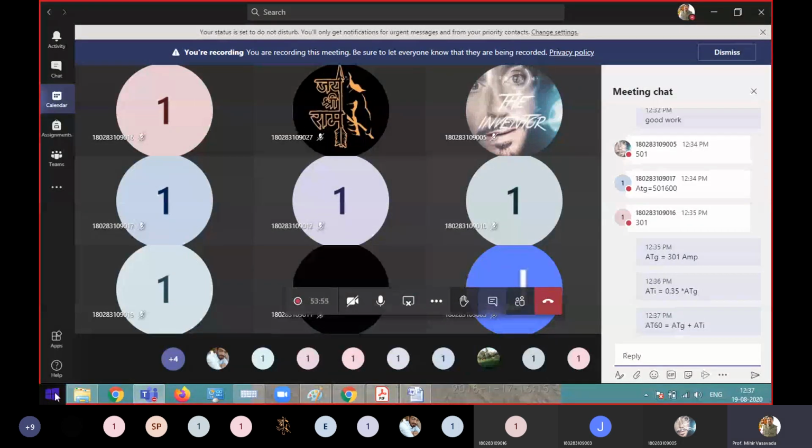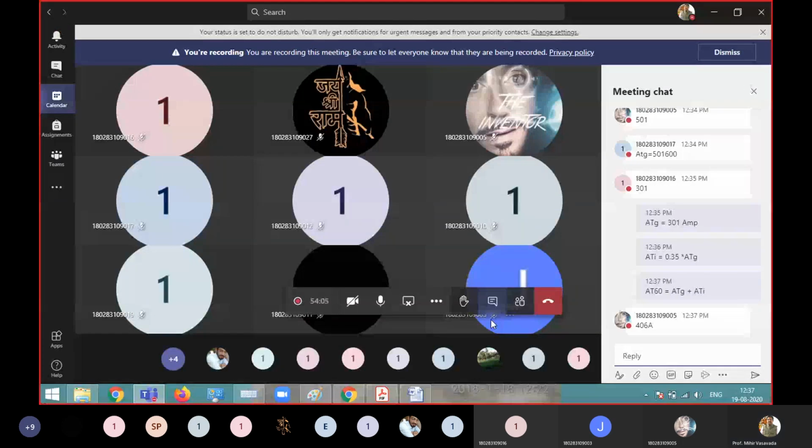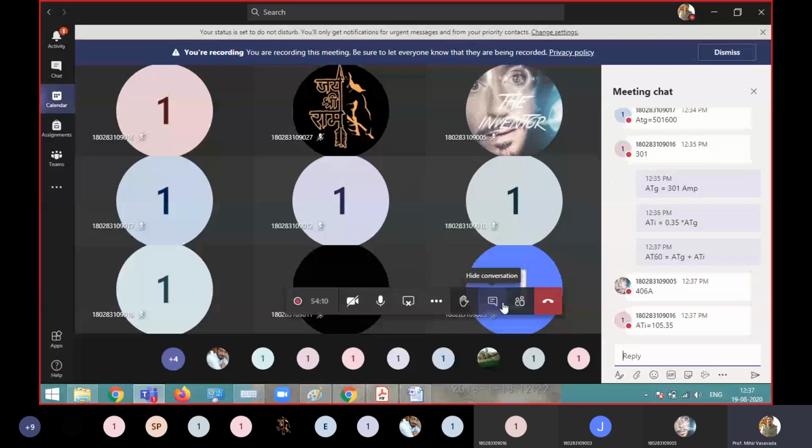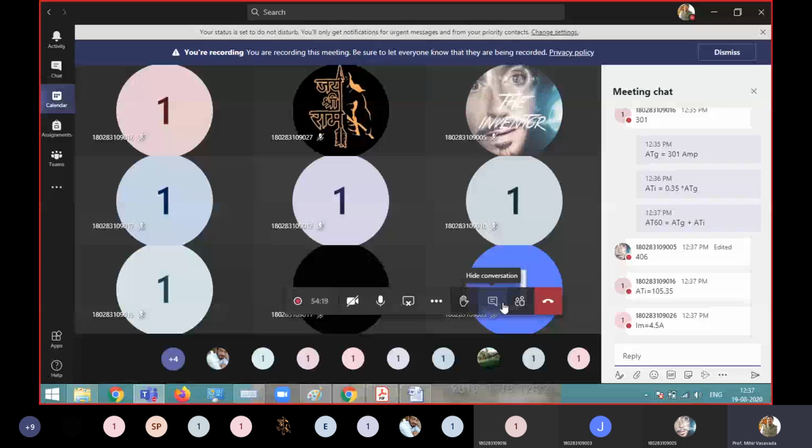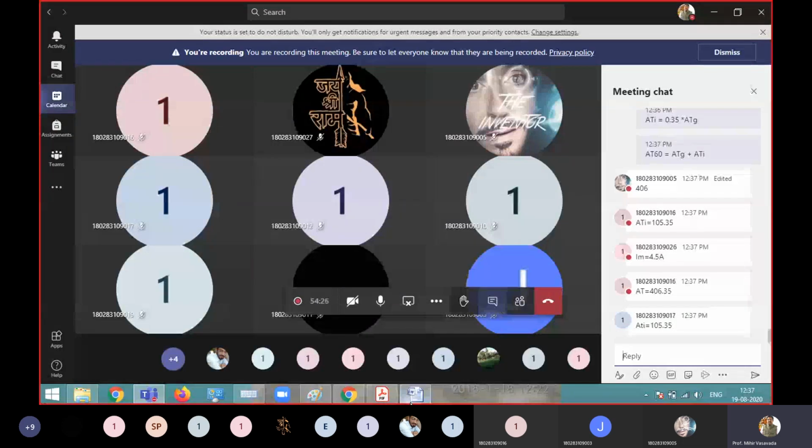Then put that value. Write all answers in the chat box. Yes, ATI is 105.35, perfect. And those who found the final answer of IM also. Total AT is 406, right?